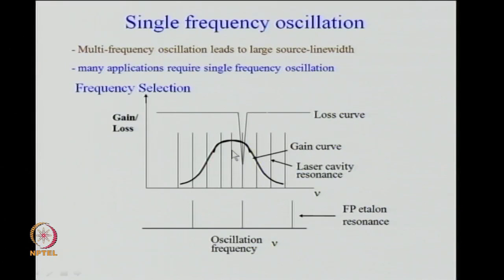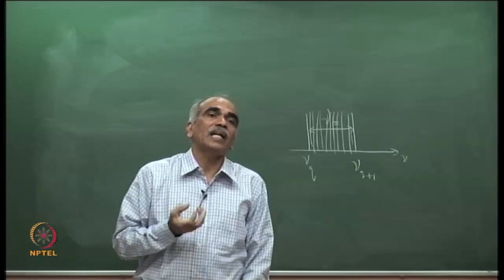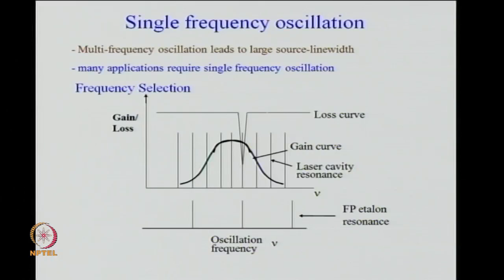Why it has dropped, we will see. This is just the principle of selecting a single longitudinal mode. You just make loss very low for that particular frequency. So, the loss curve has a dip here and therefore only this mode will oscillate, all right.